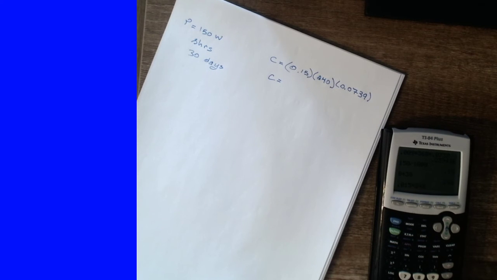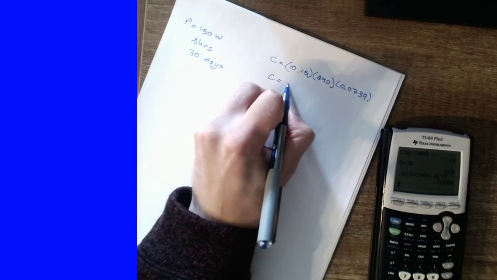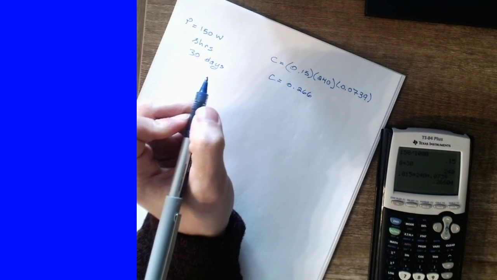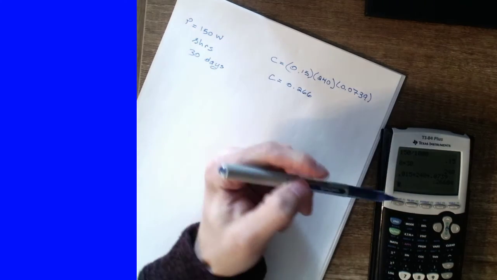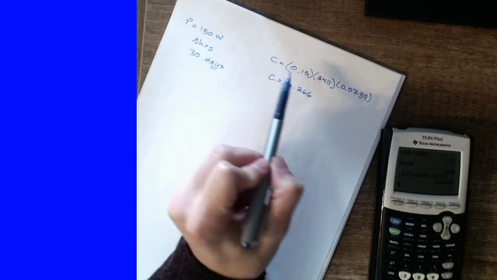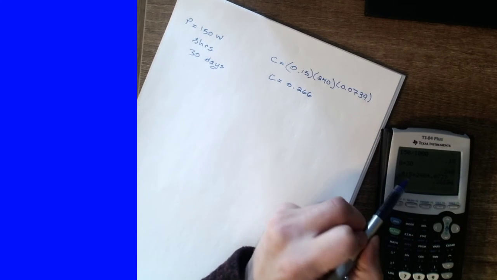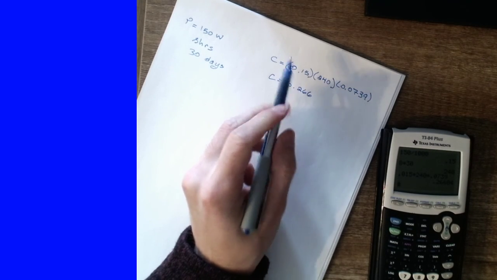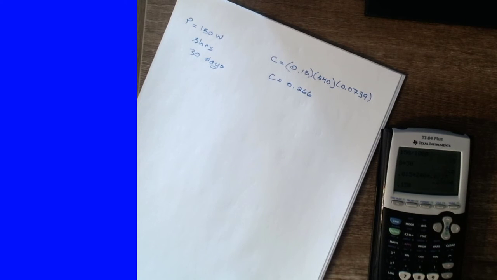So the cost will be equal to 0.266. Oh, you can see I didn't quite do that right. That number seemed a little low to me. You can see I put the 0.015 instead of the 0.15. So I should get 2.66.